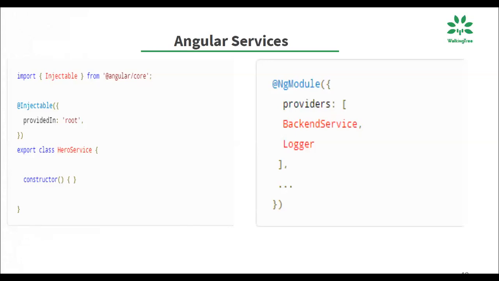Change detection will track all these things. ngDoCheck will be called for each and every change detection, meaning any change in the DOM will trigger DoCheck. So you can imagine in a web page, we do so many things: mouse moving, unnecessarily clicking on a box and coming out of the box. All these things will be reported to the ngDoCheck lifecycle hook.